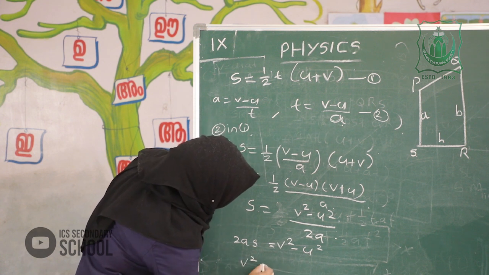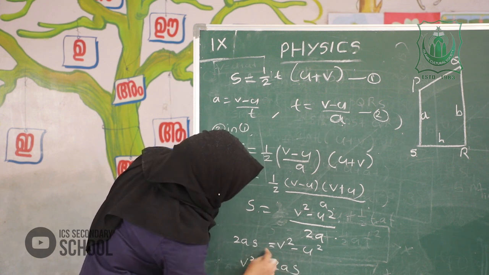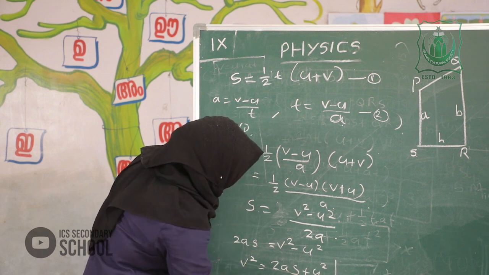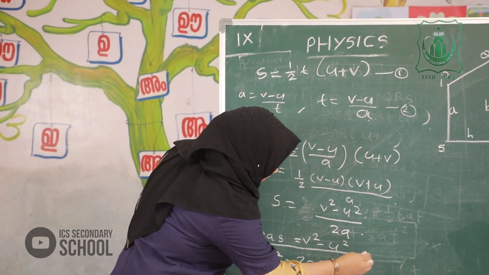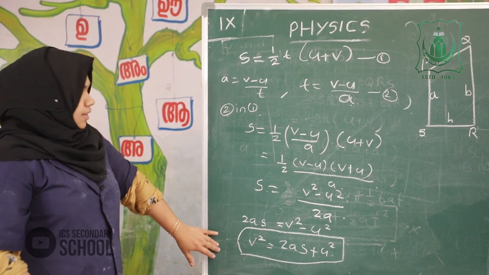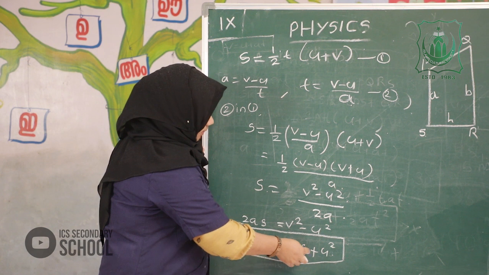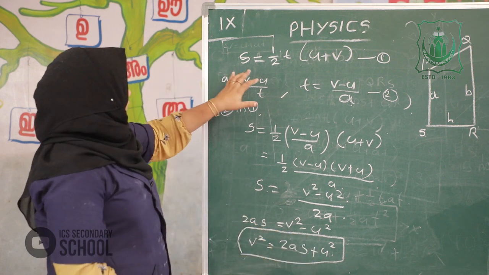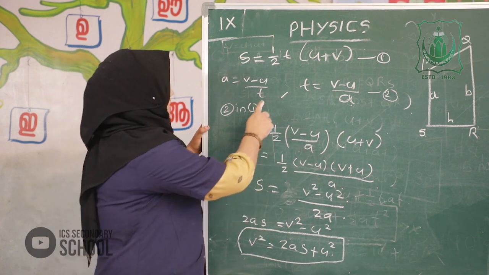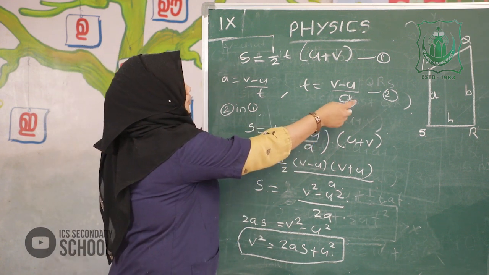From here, v square is equal to 2as plus u square. This is the final equation. This is the third equation. Okay, so this is the position velocity relation. How do we get it? We know that s is equal to half t into u plus v. From this equation, t is equal to v minus u by a.